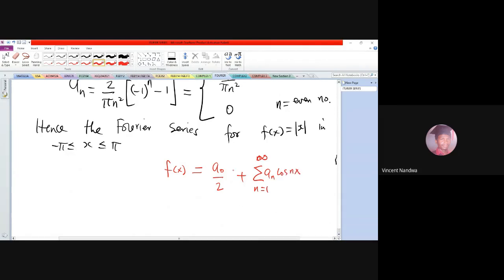We just stop here because we have already defined that the function is even.